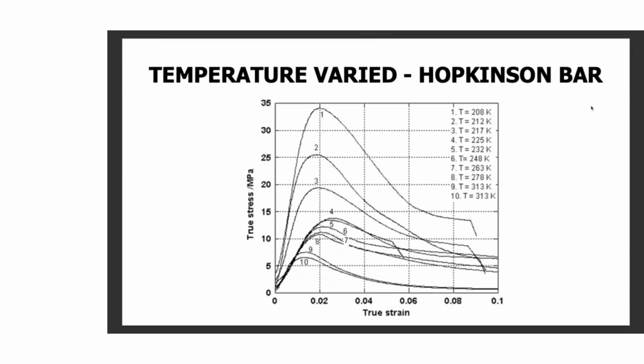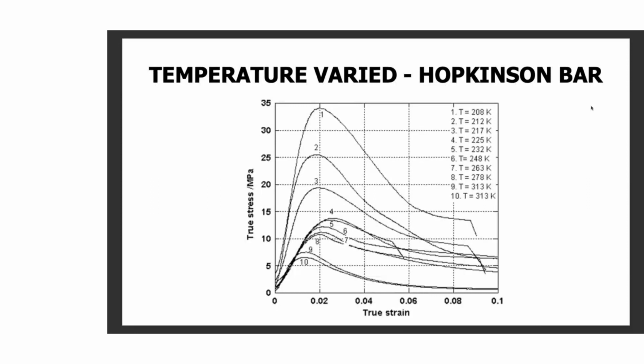And number 10 was done at 313 Kelvin, and as you see, it's dropped by about a factor of 6 or 7, compared to the one we did at 208 Kelvin. So that is the kind of data we're getting. And as you see, the failure stress is round about 0.015 to 0.2 or so true strain, and the stress has a quite clear variation.